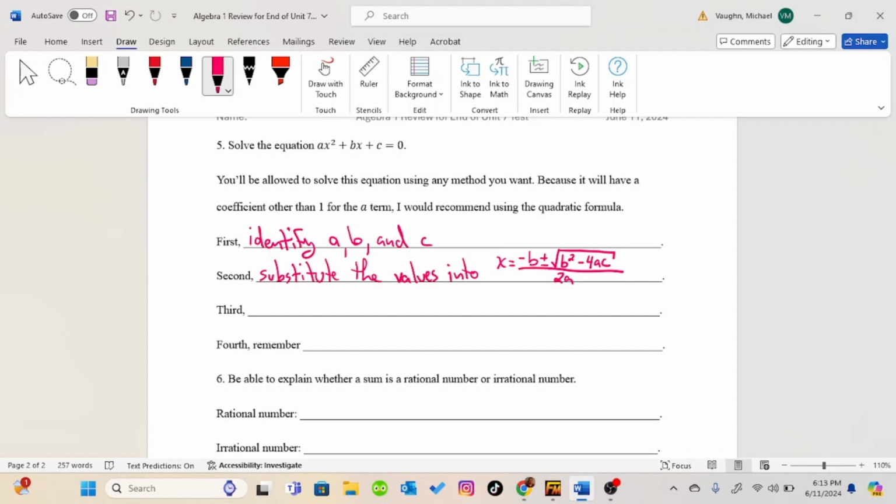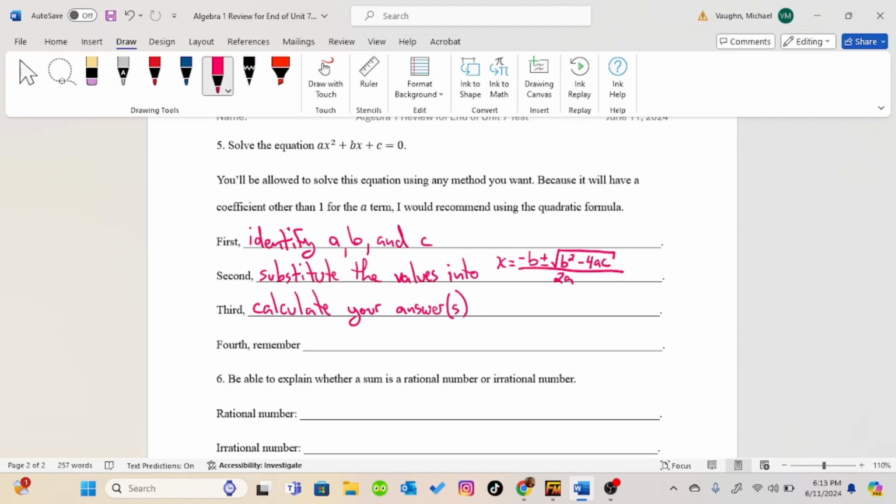Third, calculate your answer or answers.